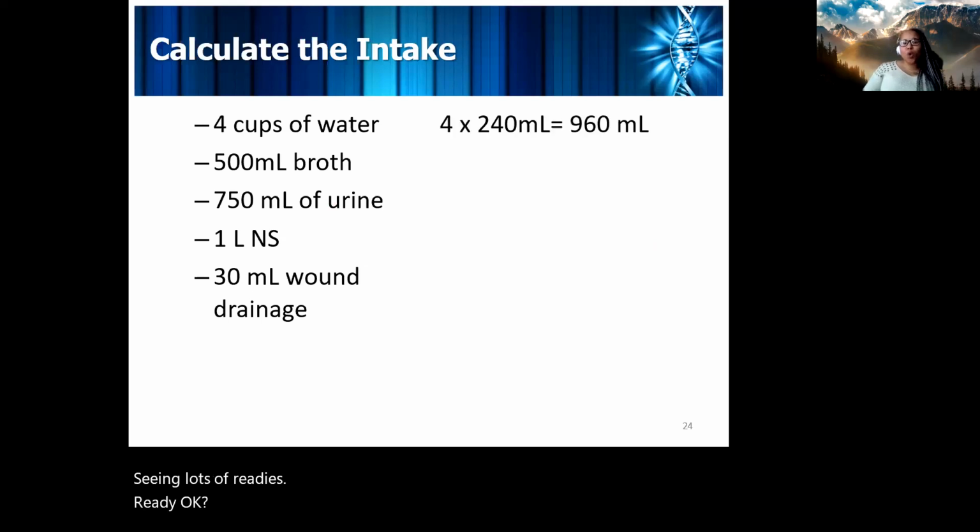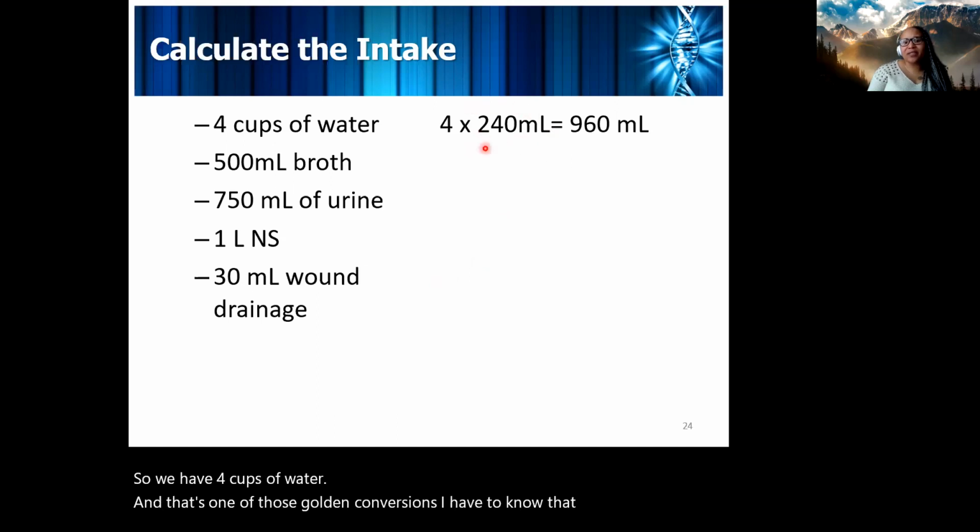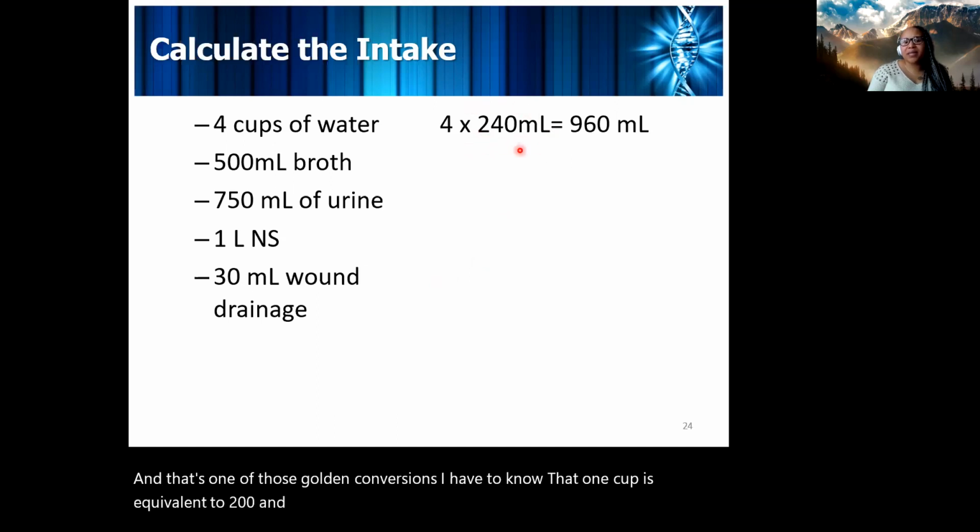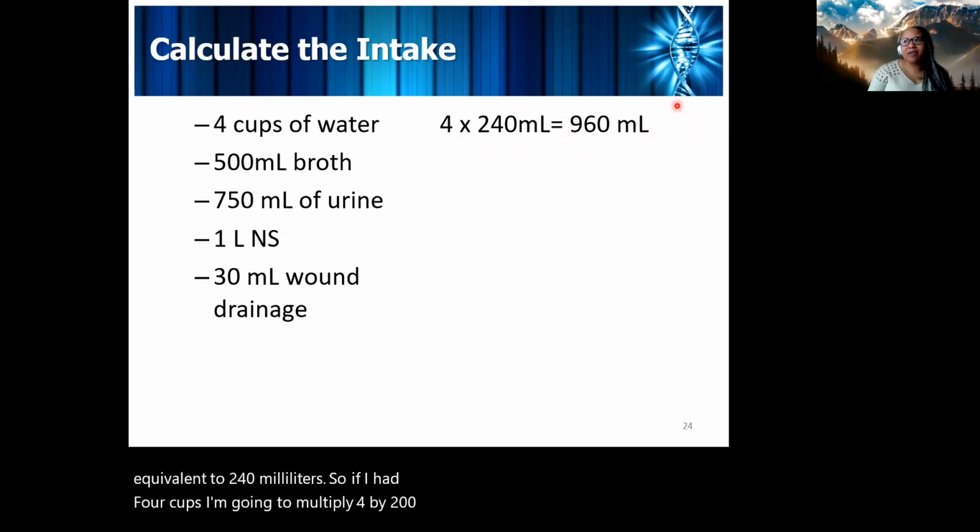So we have 4 cups of water. And that's one of those golden conversions. I have to know that 1 cup is equivalent to 240 milliliters. So if I had 4 cups, I'm going to multiply 4 by 240, and it's going to give me 960 milliliters.